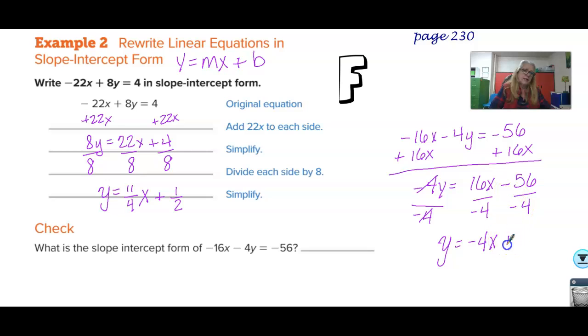And negative divided by negative is positive, and I want to say this is 16. 56 divided by 4 is 14. I think that's right. And that's our equation. We would start with a y-intercept of positive 16, and then we would use the slope of negative 4 over 1 to find the next point. And I'll show you how to do that too.